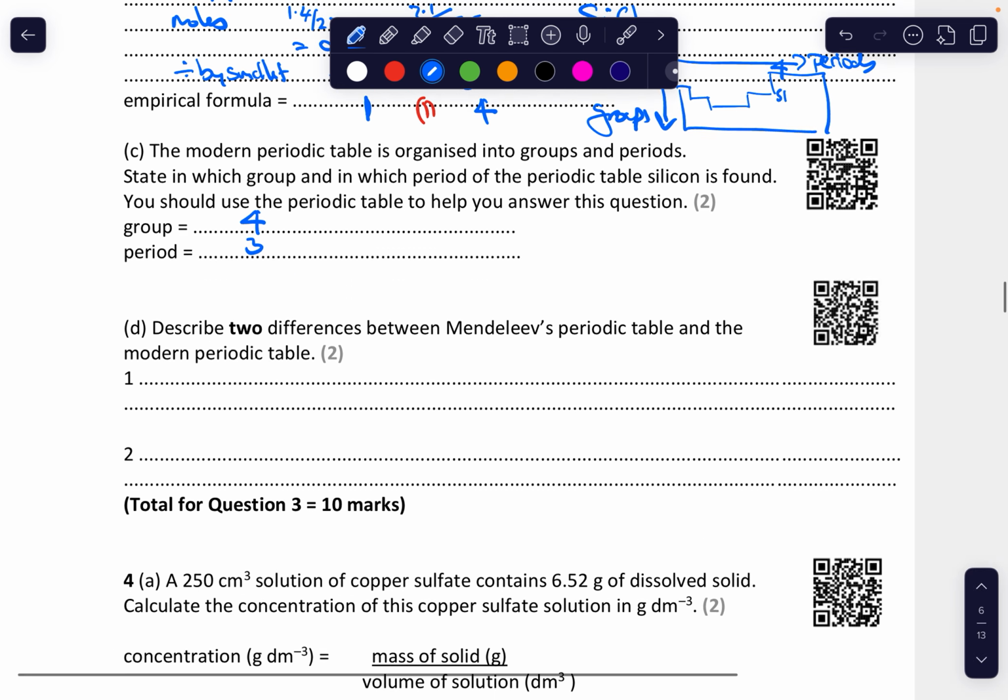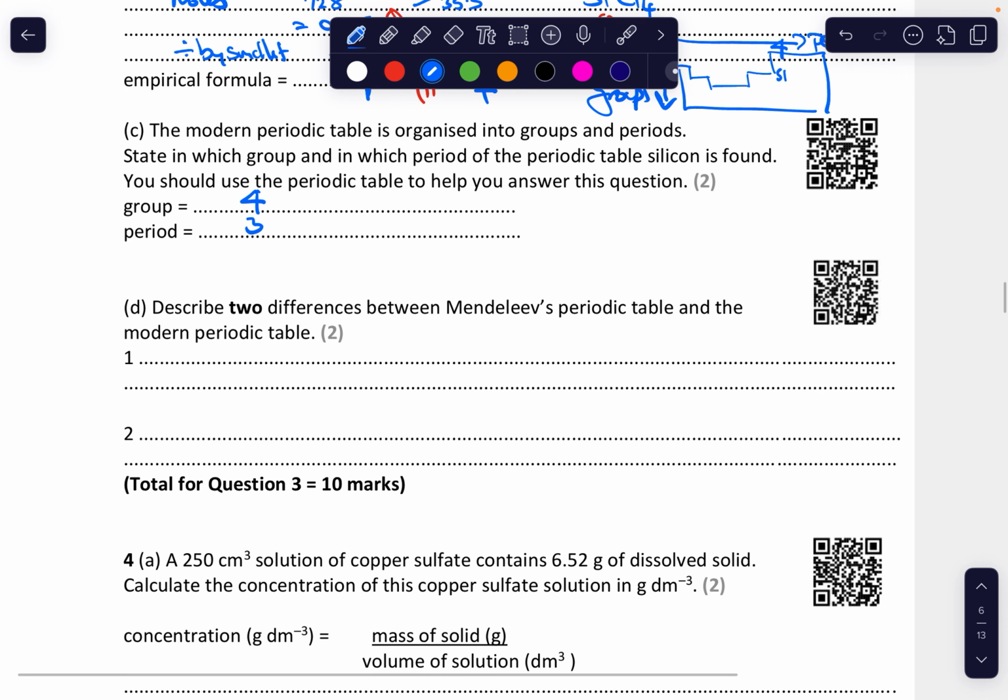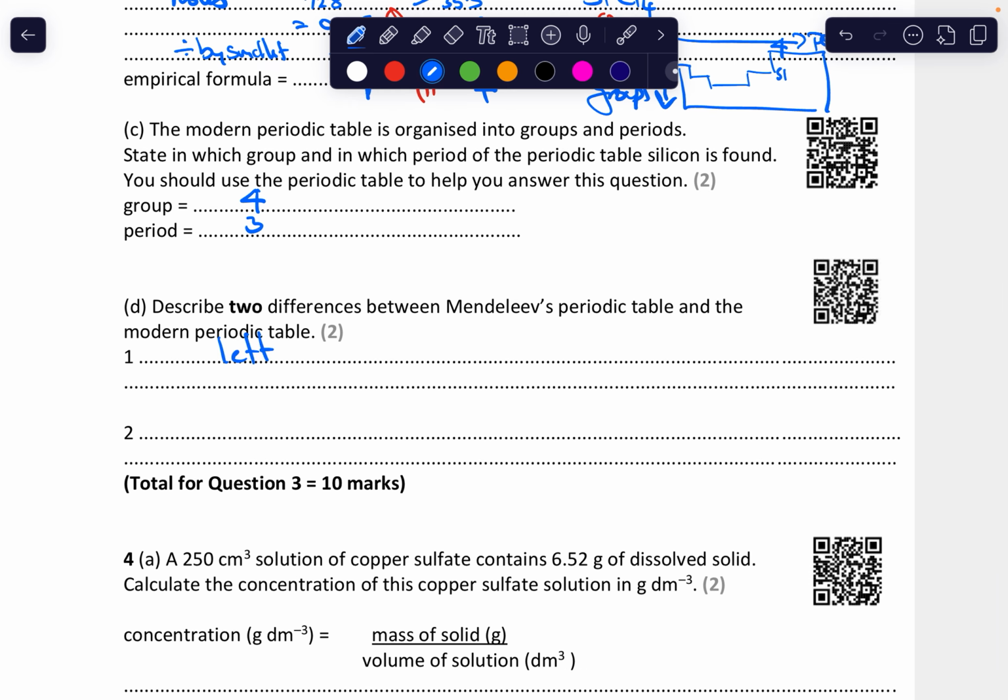Describe differences between Mendeleev's periodic table and the modern periodic table. So there's loads of options here for this one. Mendeleev, first thing for me was that he left gaps for elements to be discovered, and the modern periodic table hasn't got those gaps inside it.